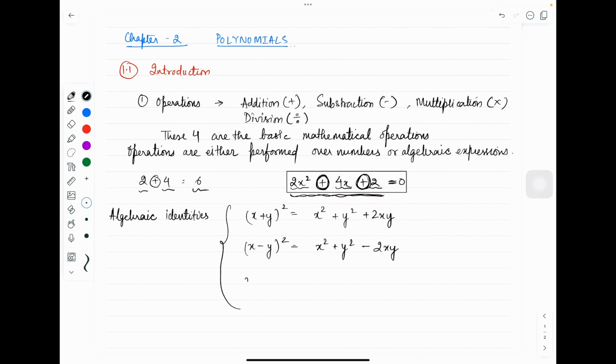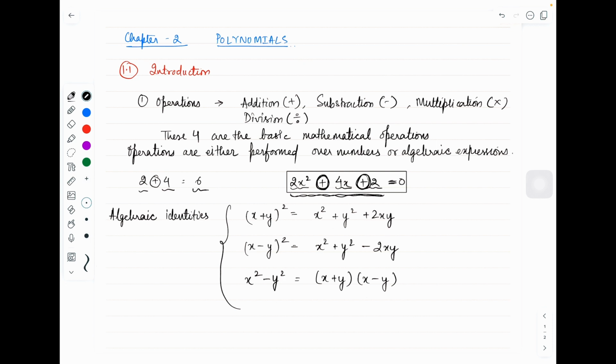We heavily used these in the previous chapter on number systems. x square minus y square is (x plus y) into (x minus y). Understood? These three are algebraic identities.